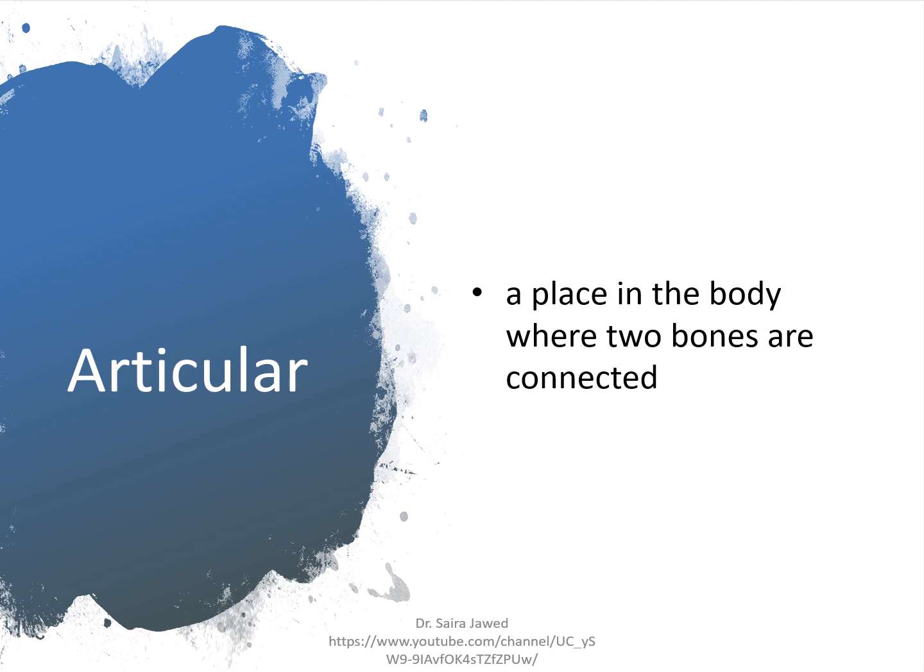In medical terminology, articular refers to the place in the body where two bones are connected or are joined with one another. Where two bones meet one another, we say that the two bones are articulating with one another.